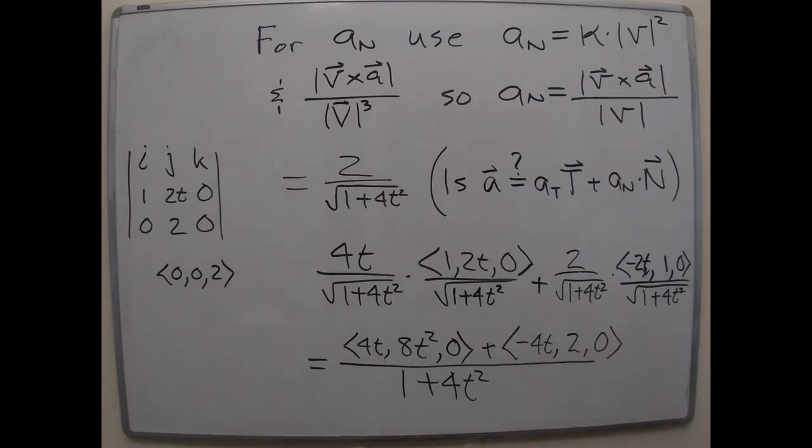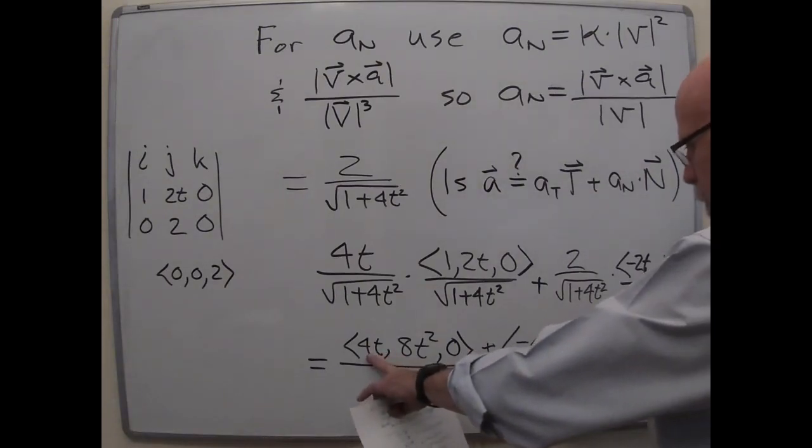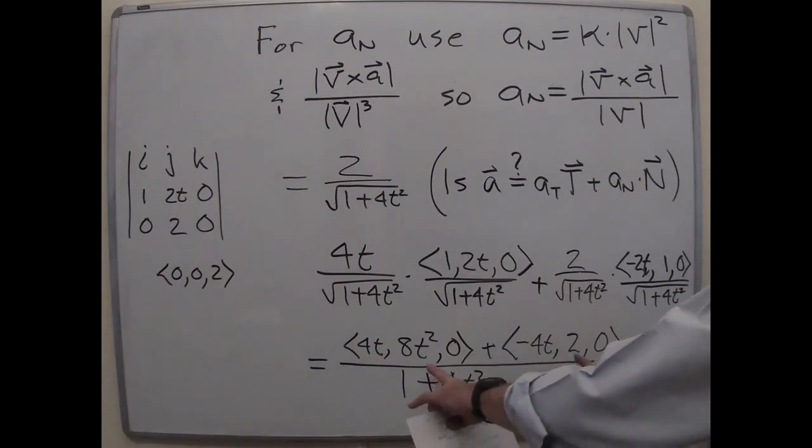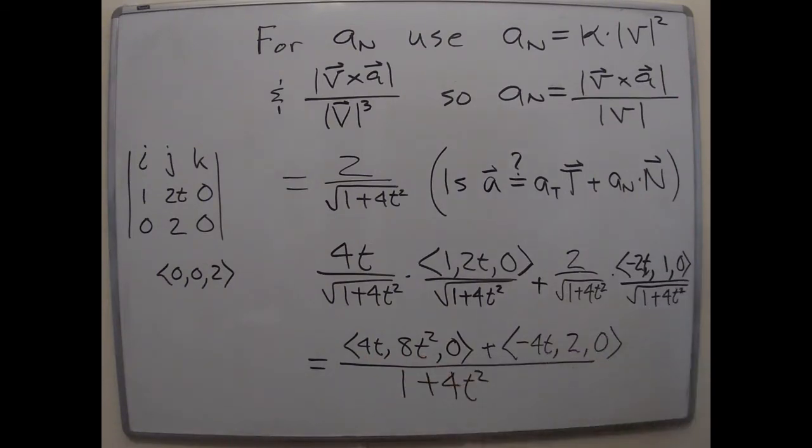It's unfortunate that I don't have quite enough room to get to the punchline here. But you see what's going to happen in the x coordinates? They're going to go away. The y coordinates, it's 8t squared plus 2, and the z coordinates, 0. Yeah, I can just squeeze it in here.